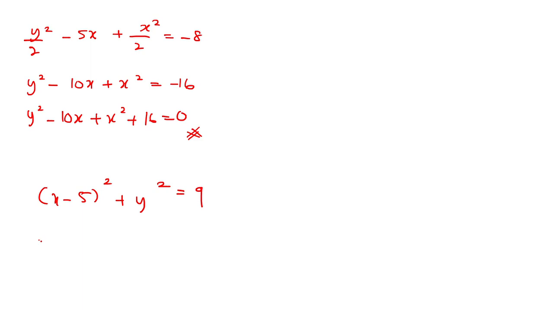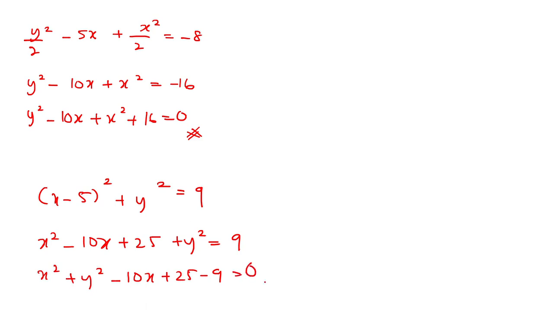If you expand, x squared minus 10x plus 25 plus y squared equals 9. So x squared plus y squared minus 10x, 25 minus 9 is 16. So actually x squared plus y squared minus 10x plus 16 equals 0.